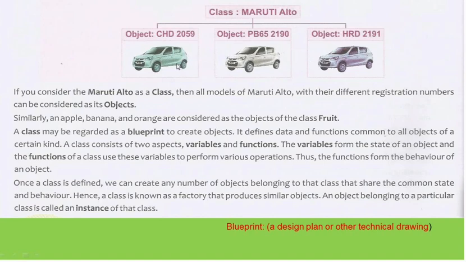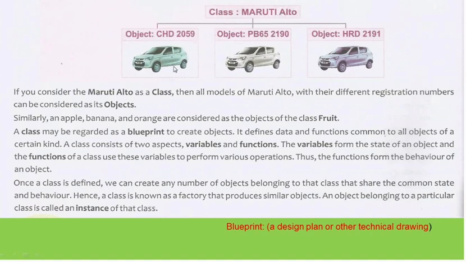Okay, their color might be different, their registration numbers might be different, their type of fuel which they use might be different, but they all will belong to this class Maruti Alto.